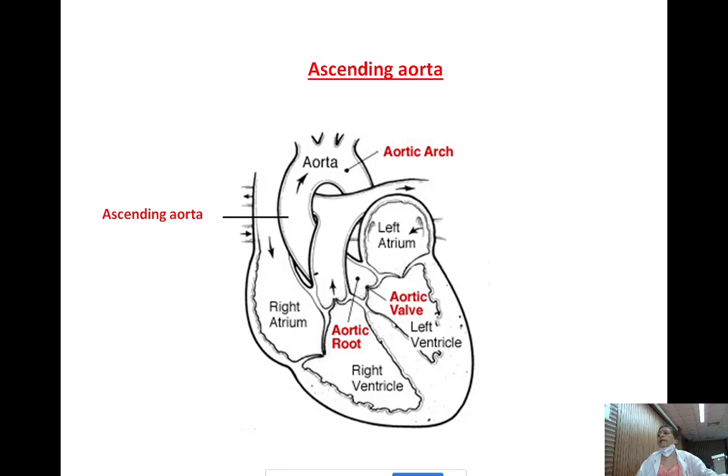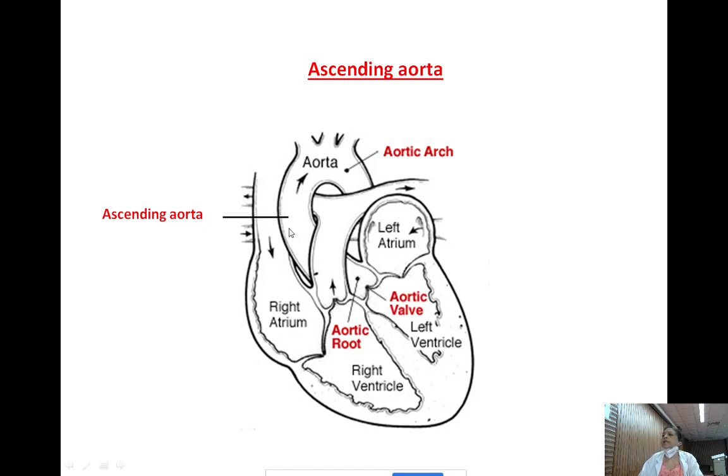Then it passes behind it, but as it crosses, it comes to its right side and also slightly anterior to the pulmonary trunk. Then it crosses the right pulmonary artery and runs anterior to it.